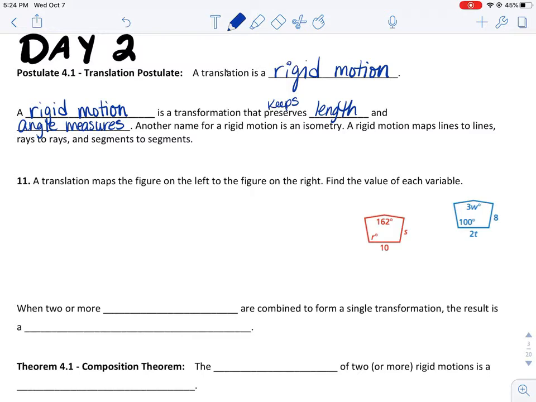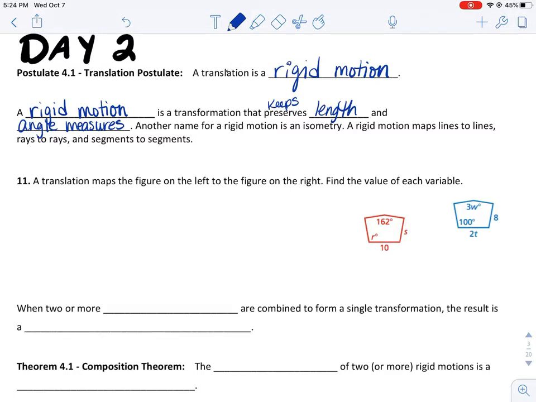Another name you might want to be familiar with is that a rigid motion can also be called an isometry. That's an ACT level word. A rigid motion is also called an isometry. And what's really important about rigid motions, isometries, is that it keeps lines as lines. Rays become rays, segments to segments.